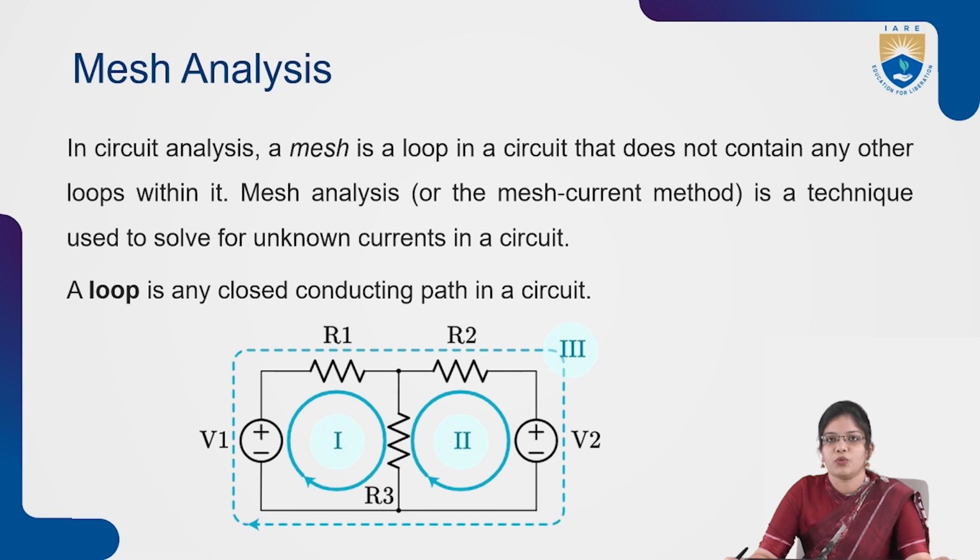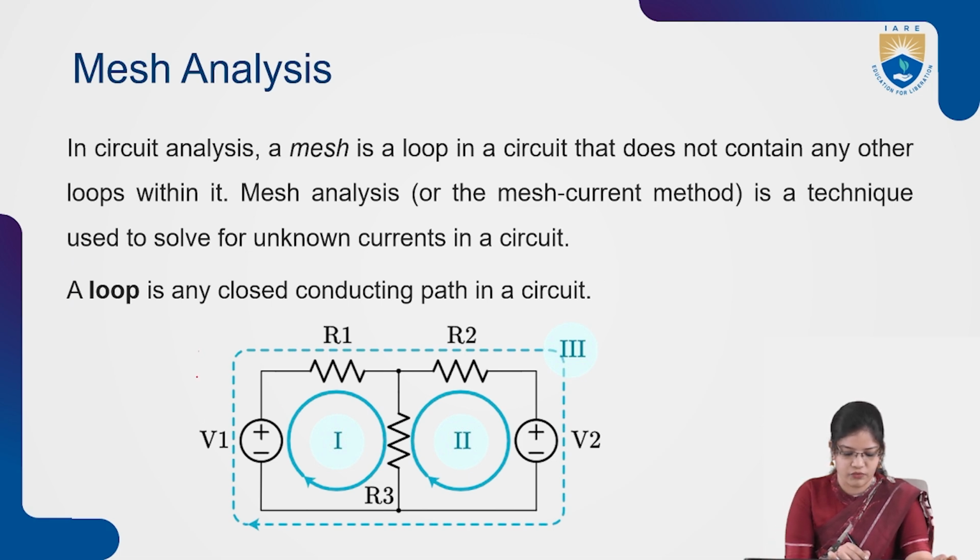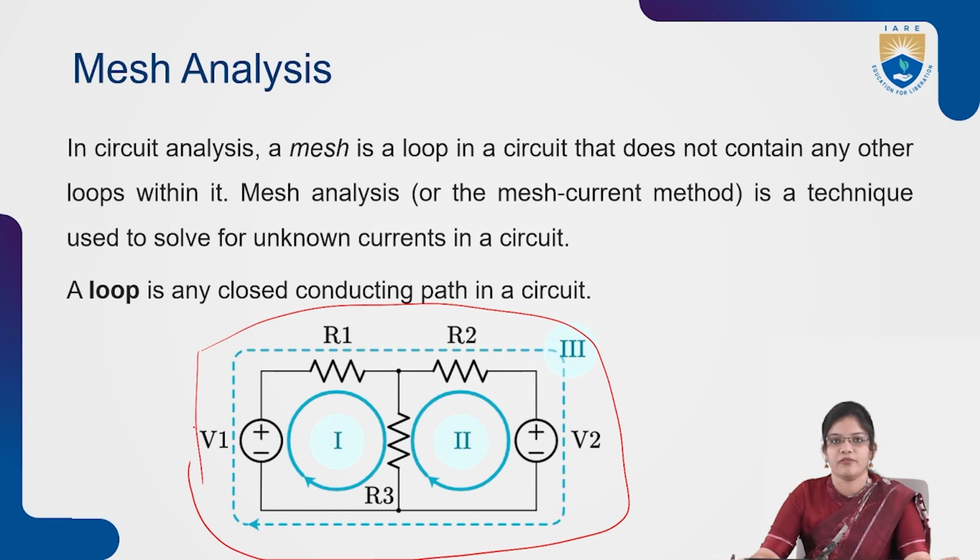So how do we know the difference between mesh and loop? If there is a circuit, and we consider the same circuit here, we have two meshes. A mesh is a closed path which allows the flow of current.